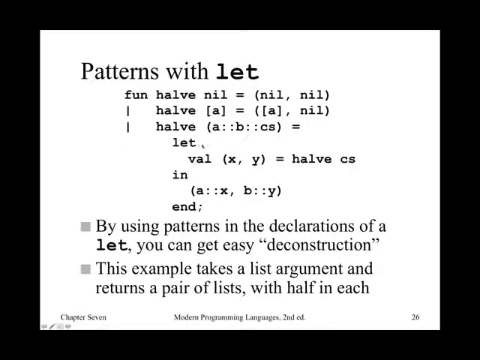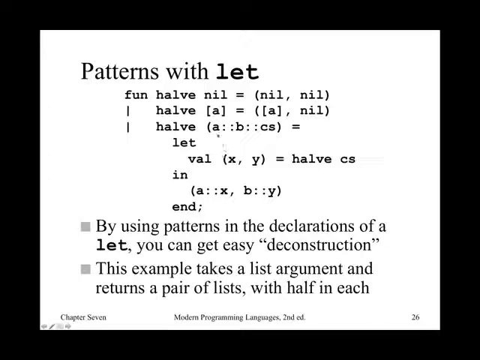Then I can say let val, I create this val, (X, Y) equals half CS. This is the part where I actually make the recursive call. I take CS, which is the rest of the list, and call half, and what I wind up with is half of that list bound to X, and the other half bound to Y. So within the context of this expression, I've got a local value of X and a local value of Y, which are the two halves of the remaining list.